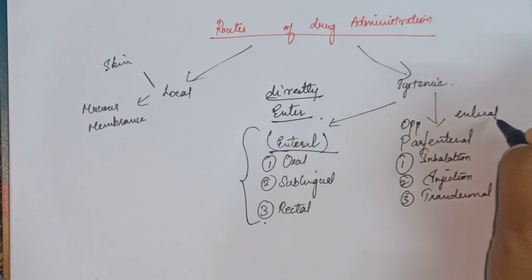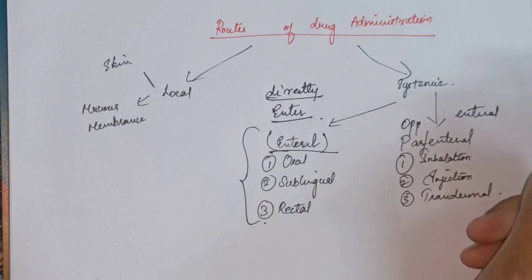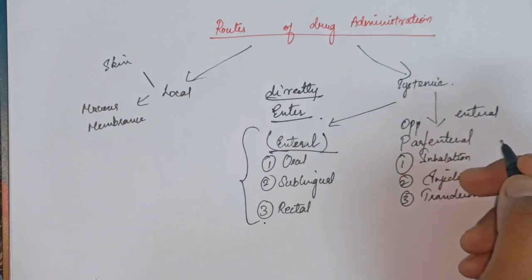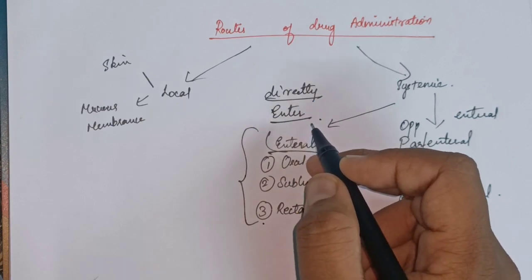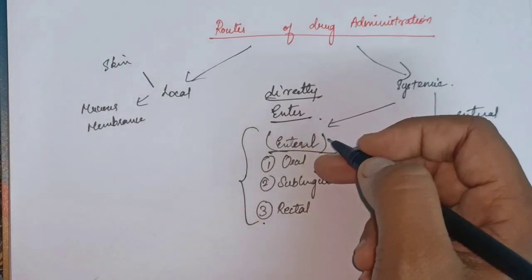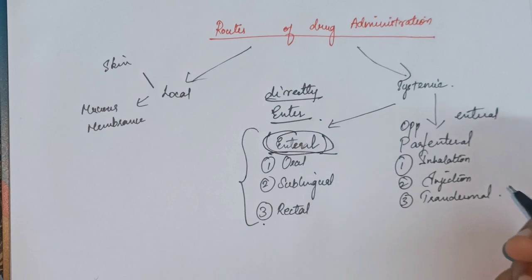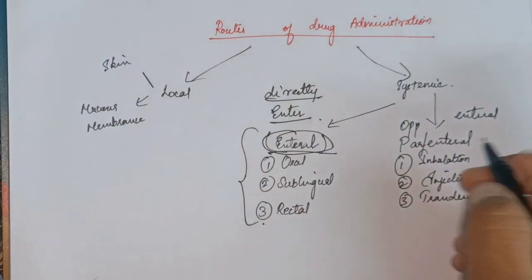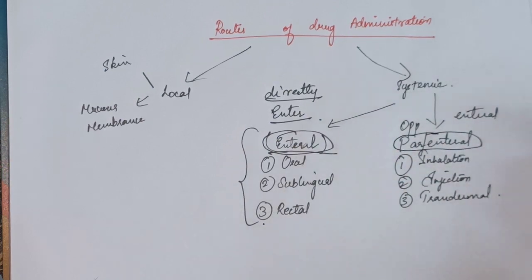So direct opposite to the direct entry is parenteral. Enteral means the drug is directly absorbed through your GIT. Other than the GIT, other than your mouth, that is parenteral.